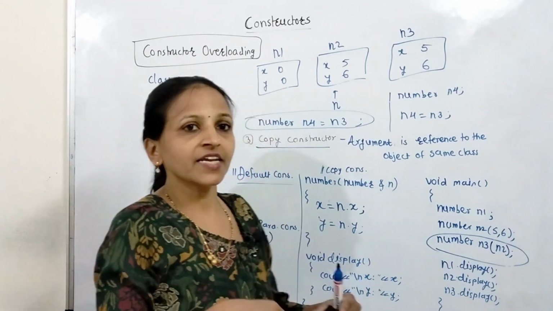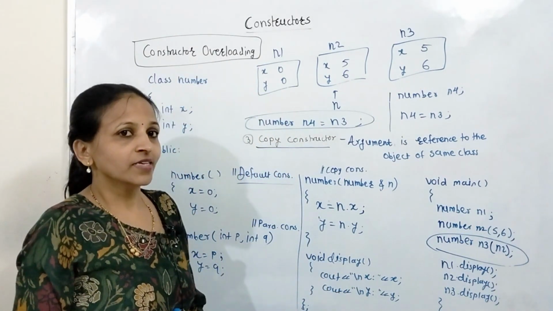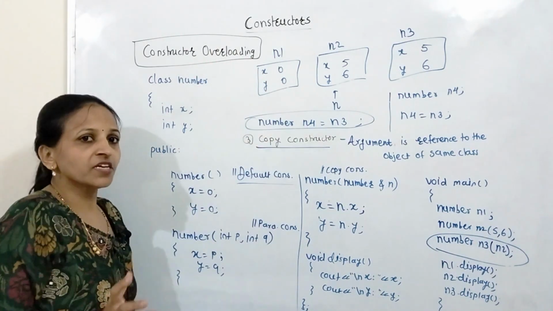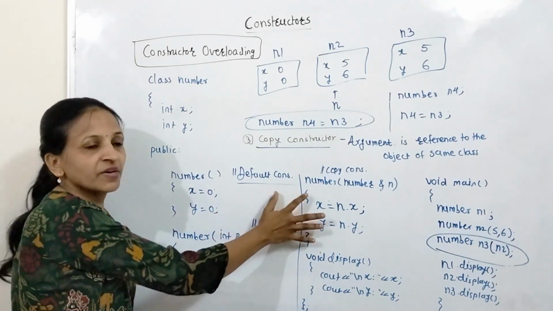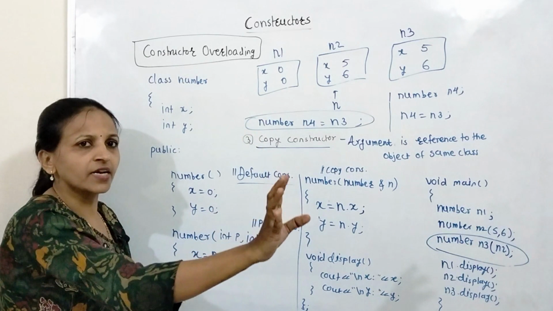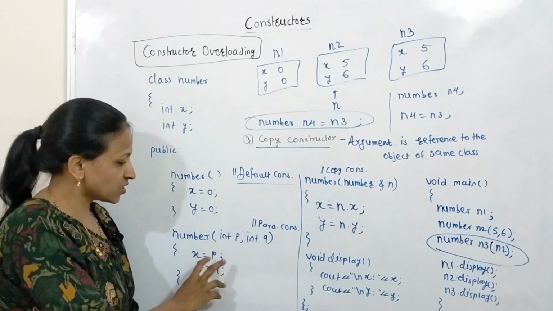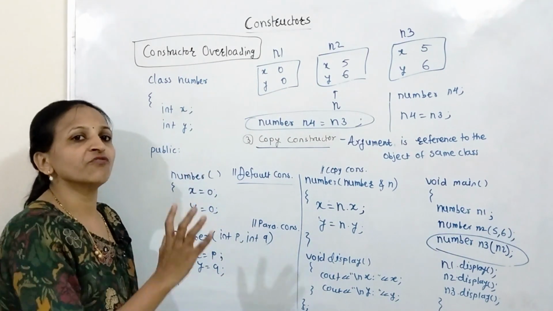Means if inside any class we are defining multiple constructors, then that is the concept of constructor overloading. There is no compulsion that all are of different types, meaning this one is default, this one is parameterized, this one is copy. Not like that. Suppose my class has two constructors. Suppose one constructor takes two integers and one more constructor, suppose I am writing, takes only one integer.